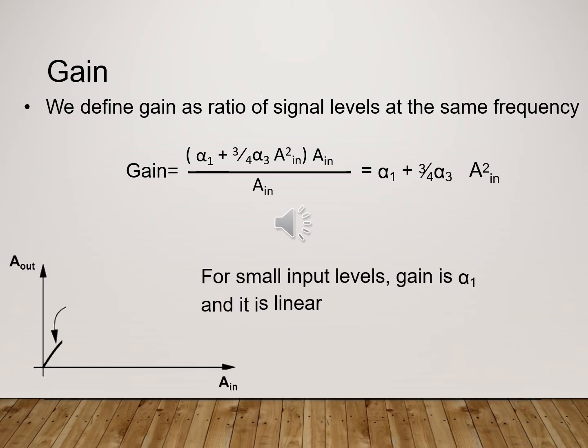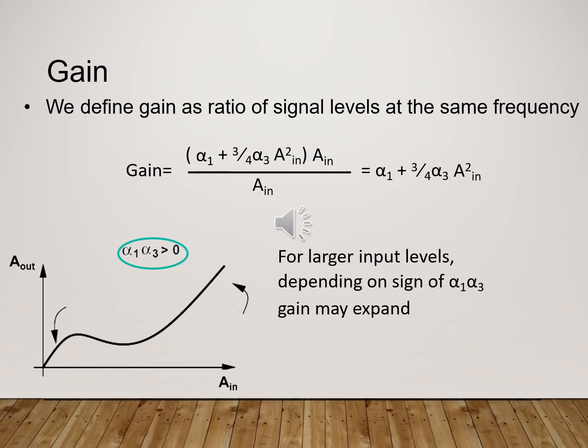When A, the input level, is very small, A squared will be very small, multiplied with alpha 3 is very small, so we get the linear behavior, where the gain is alpha 1. For larger input levels, depending on the signs of alpha 1 and alpha 3, the gain may expand or compress.